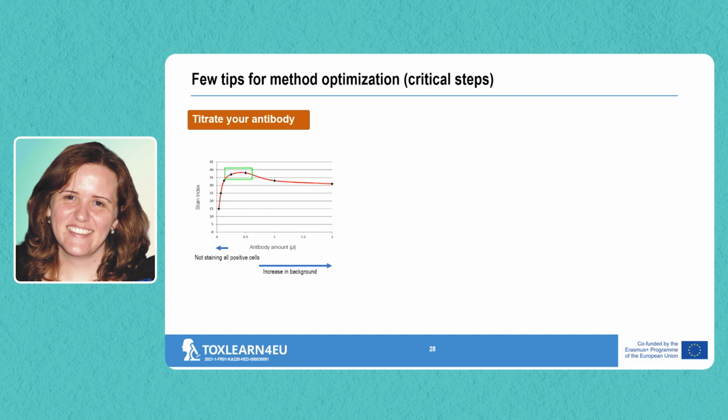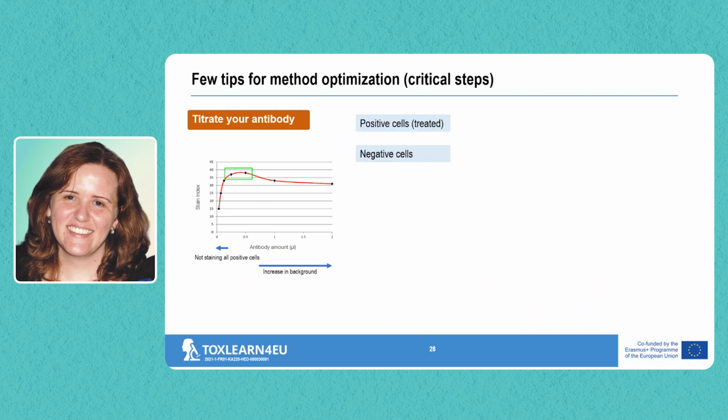So I would suggest you to do something like this. You should plot the antibody amount in microliters against the stain index, and what you will see is something like this, where you see the line going up, and this corresponds to not staining all the positive cells. And then after a shoulder, you will see a decrease in the stain index, and this corresponds to an increase in the background.